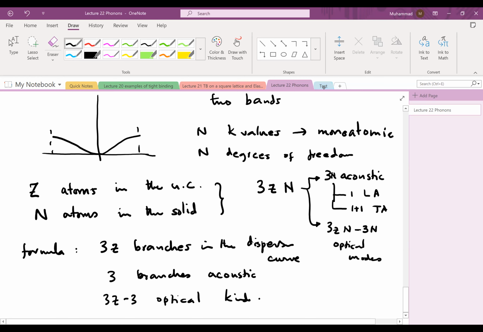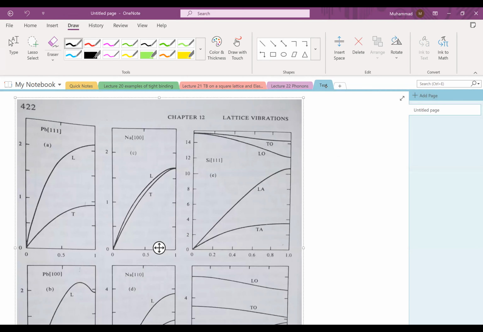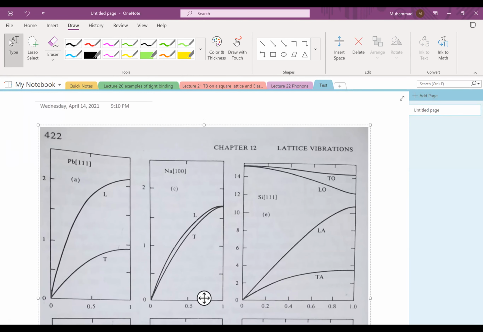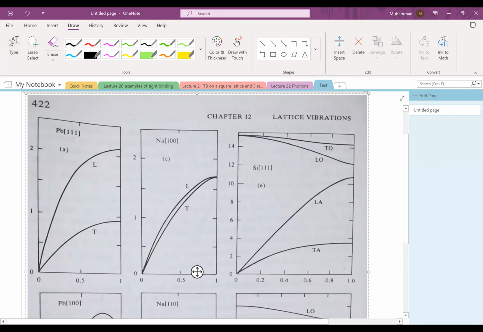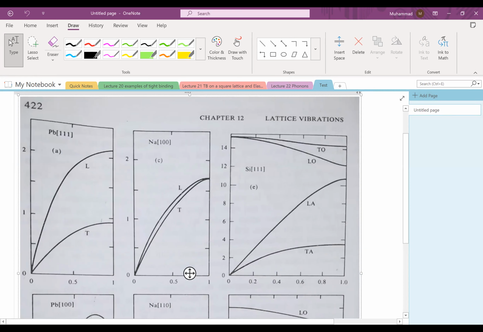So I have an example for you here. If you look at the screen in front of you at the moment, these are 3-dimensional solids: lead, sodium, silicon. So transverse modes are of course possible here. If you look at the left curve, I have 1 longitudinal acoustic wave.